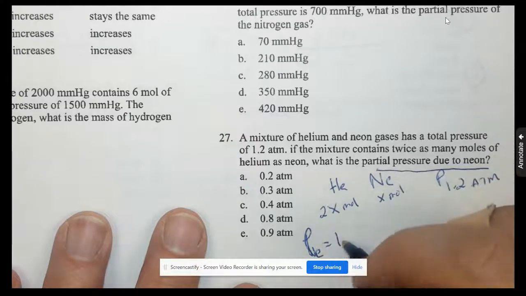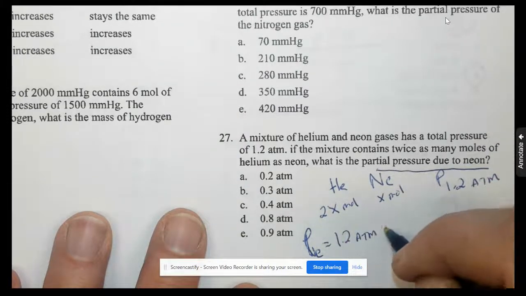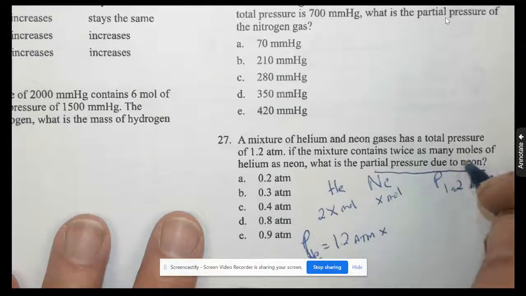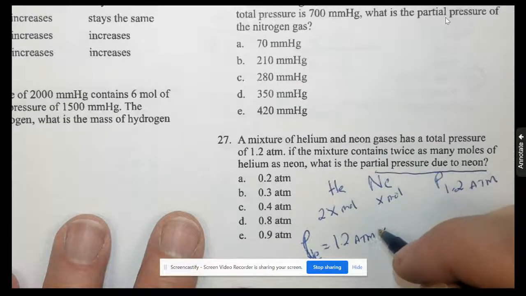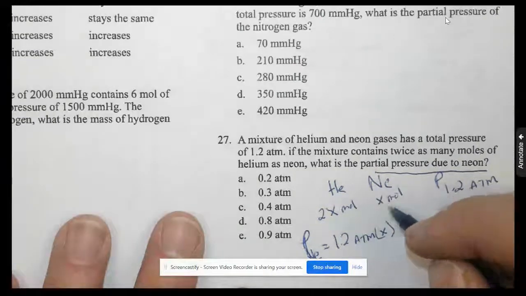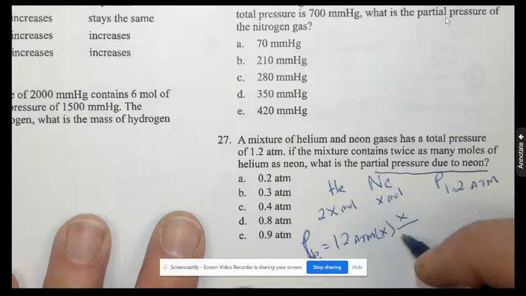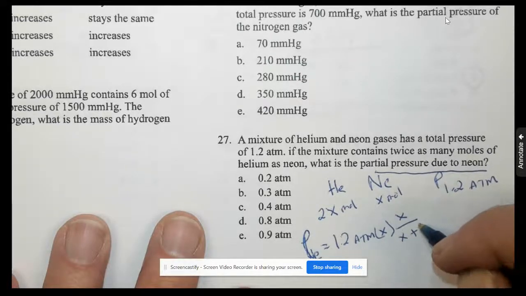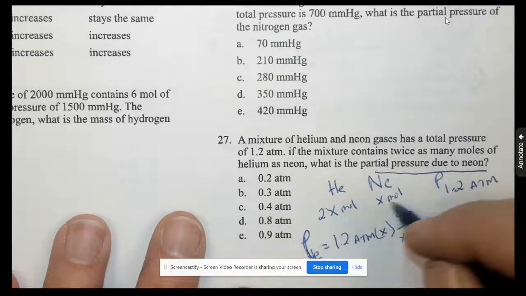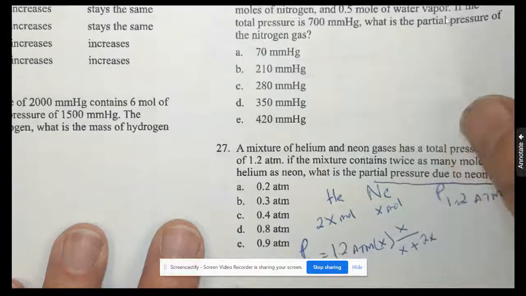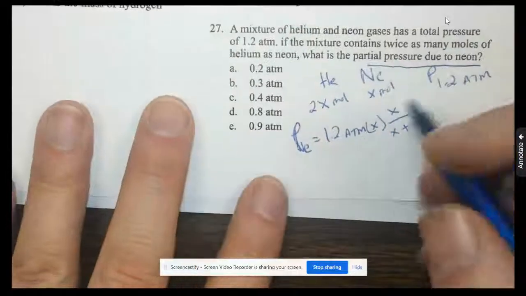pressure, which was given for you, 1.2 atm, times the mole fraction of neon. So this is multiplication times the mole fraction, which is going to be X moles over X plus 2X. To combine the two, that would be your grand total of your number of moles.